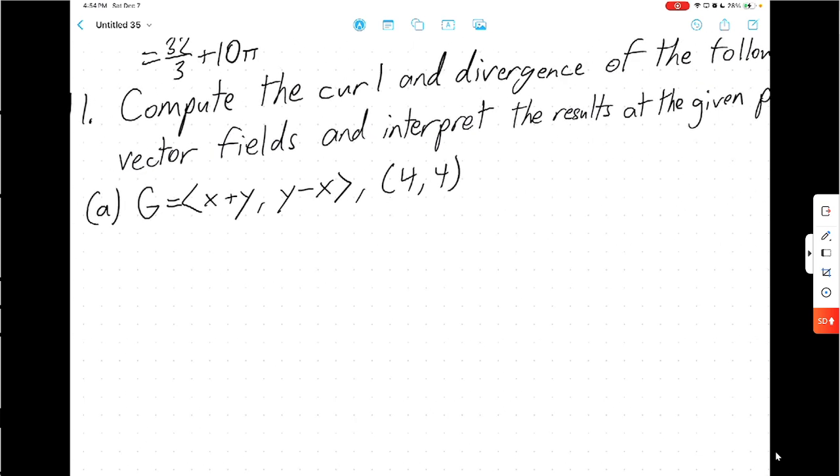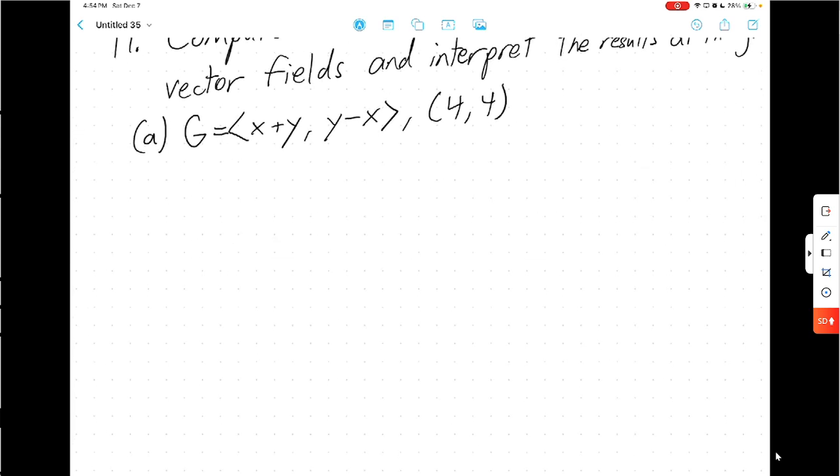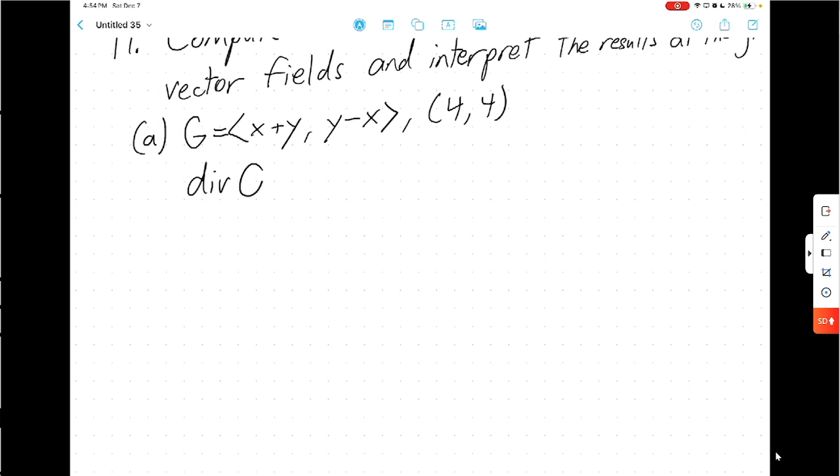And then it gives us 5 separate questions to do. So first we have the divergence of g, which is equal to the partial of the first one with respect to x plus the partial of the second one with respect to y.